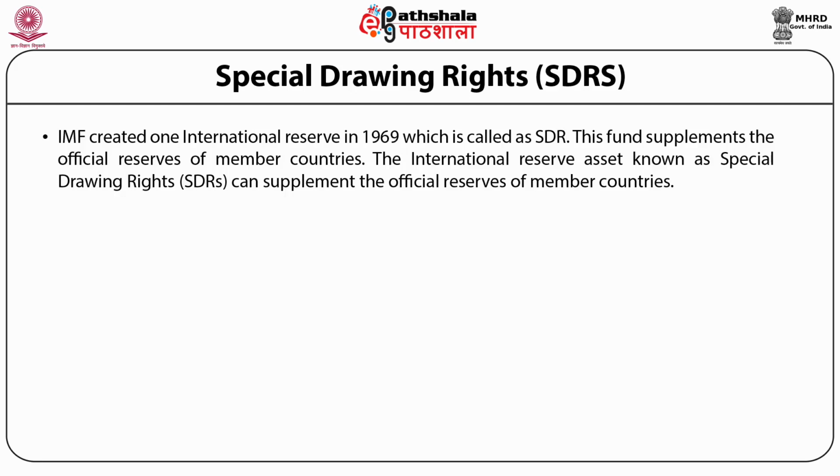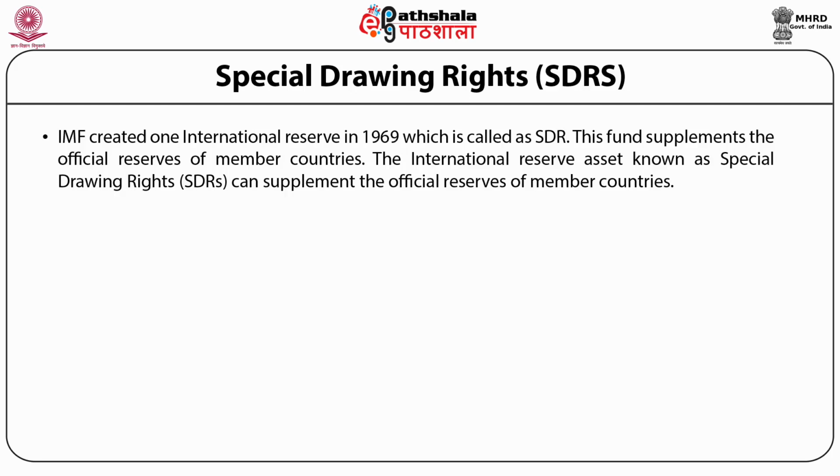The international reserve asset, known as special drawing rights, can supplement the official reserves of member countries. The value of SDR is based on 4 key international currencies. SDRs are easily exchangeable for freely usable currencies.